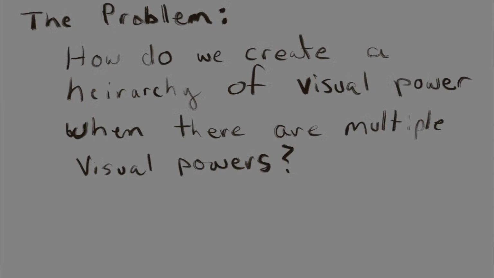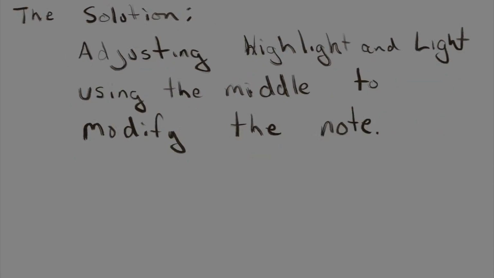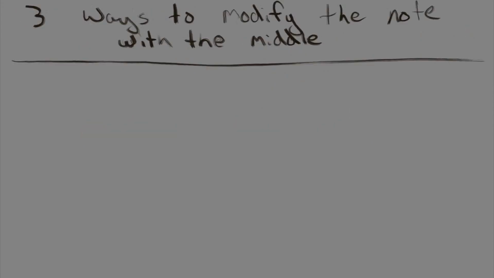So the problem is, how do we create a hierarchy of visual power when there are multiple visual powers? And the solution is adjusting the highlight and light using the middle to modify the note. There's 3 ways to do this.